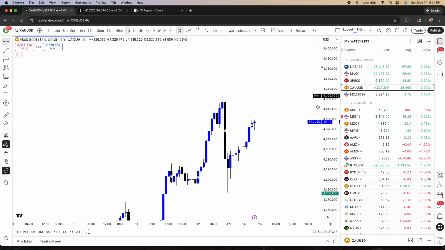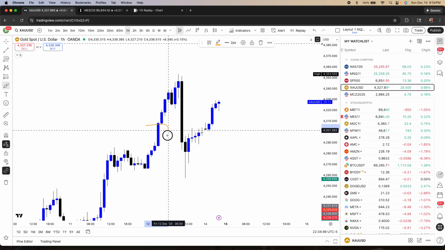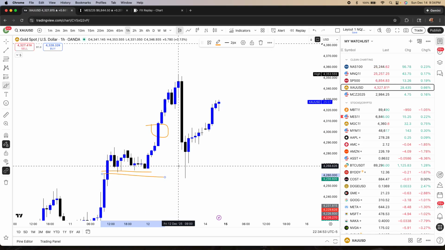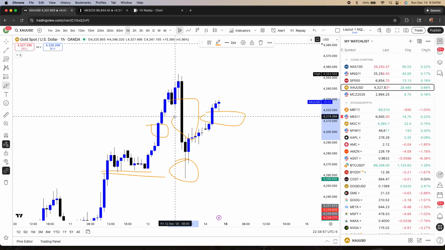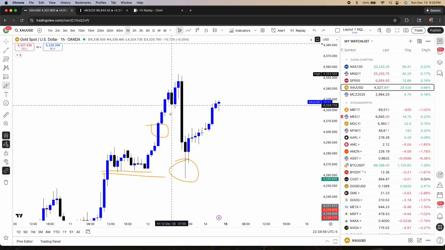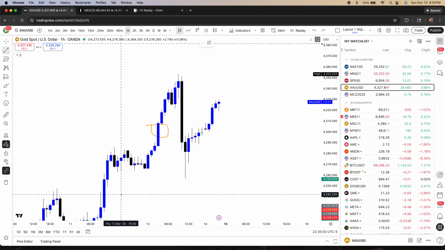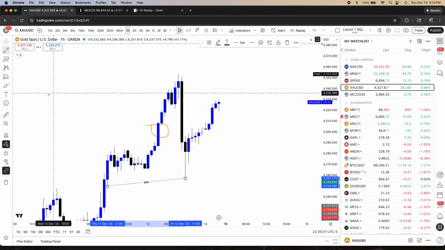Now, you get scenarios like this where there's an imbalance on both sides of the market. There was imbalance right here. There was a little bit in here. And then we have imbalance right here as well as right here. Now, I would be anticipating possibly lower prices because we have liquidity right here.